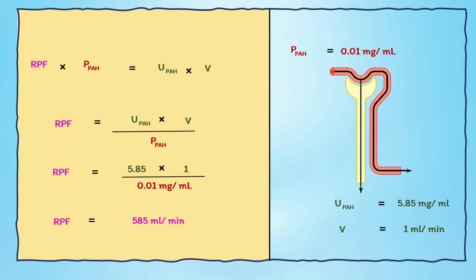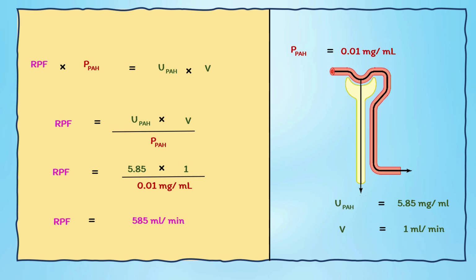To be more accurate, one can correct for the percentage of para-aminohippuric acid that is still in the blood when it leaves the kidneys. The percentage of para-aminohippuric acid removed from the blood is known as the extraction ratio of para-aminohippuric acid, and averages about 90% in normal kidneys.